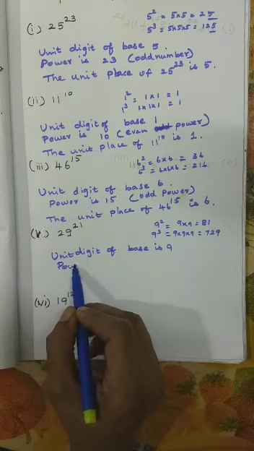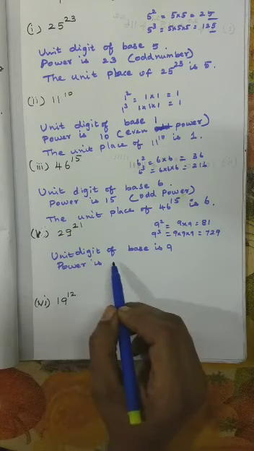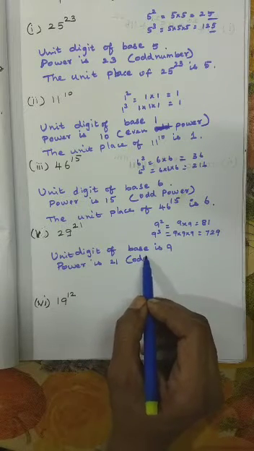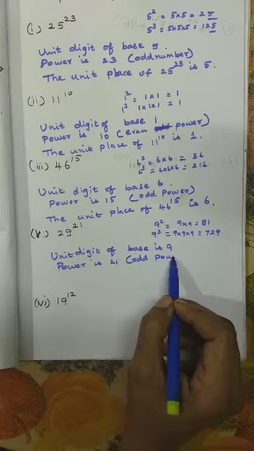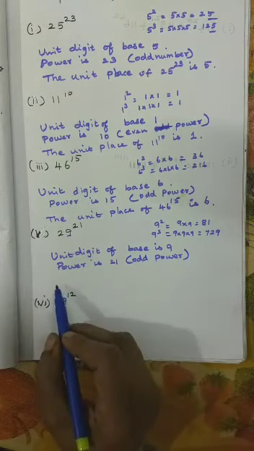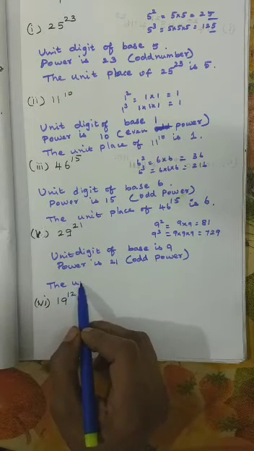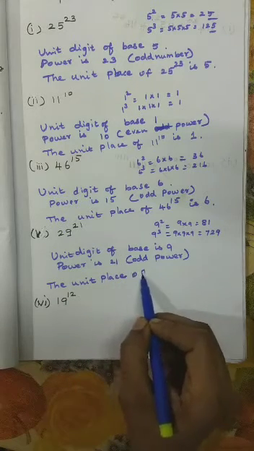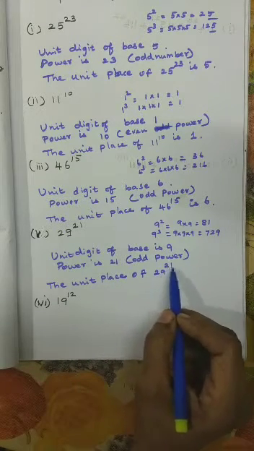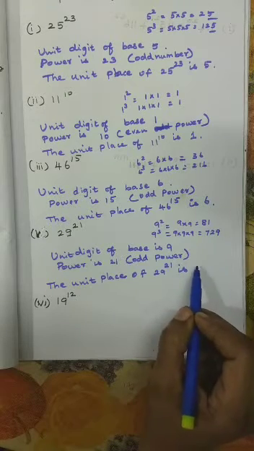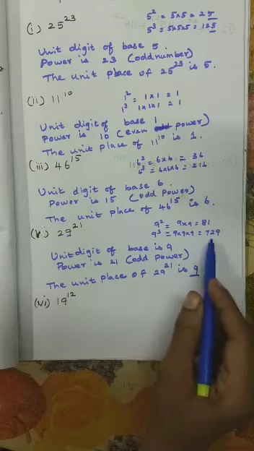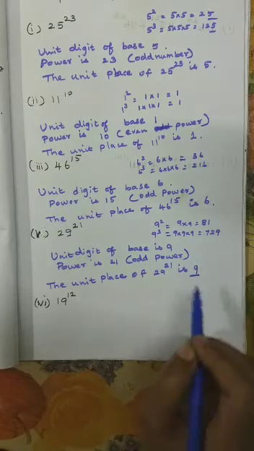Then the power is 21, that is an odd number. Odd power, isn't it? So the units place of 29 power 21 is 9. So if it is odd, the units place is 9.